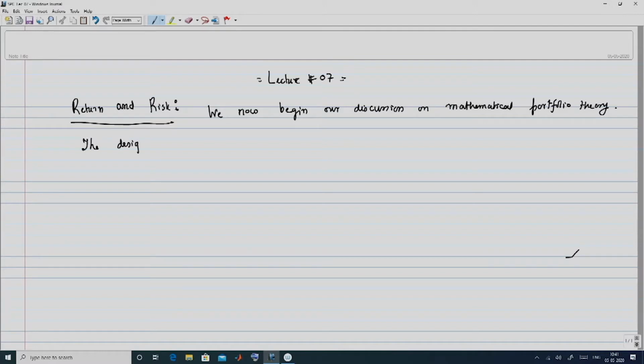So, I can say that the design of a portfolio, and I will explain later what is a portfolio. So, on a very informal level, a portfolio is a collection of assets, both risky and risk free.